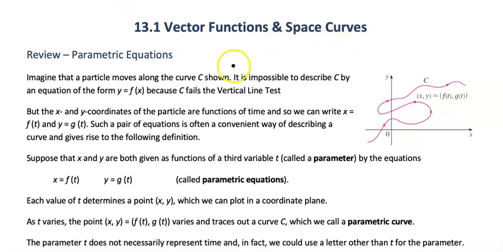Now in Calculus 2 we introduced this idea of a parametric equation, and we said that this was for some equation that could not be written in the form of a function.